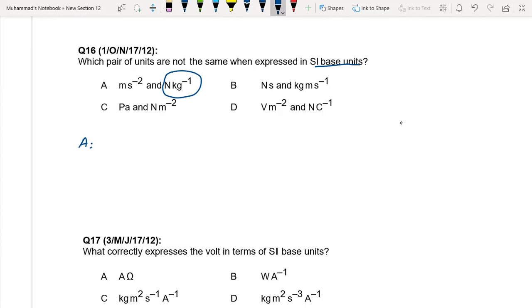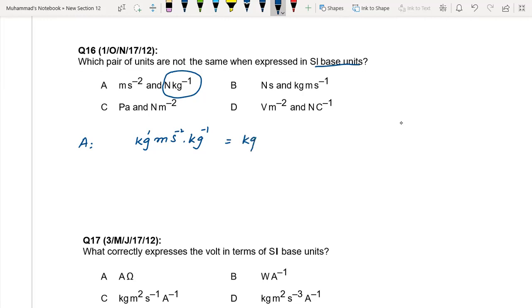So Newton is force, and force is mass times acceleration, that is kg m s^-2, times kg^-1. I have put Newton in terms of base units. So we will simplify this kg: kg power 1 and minus 1, we will add these powers.